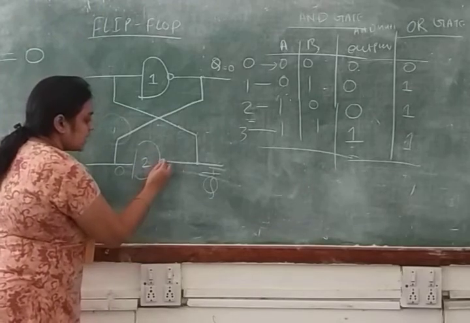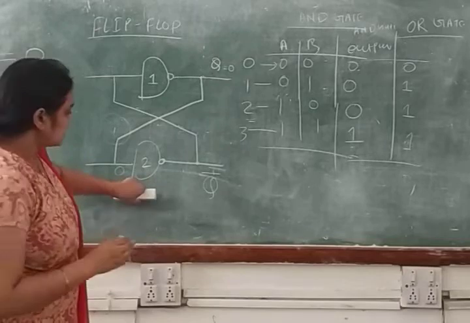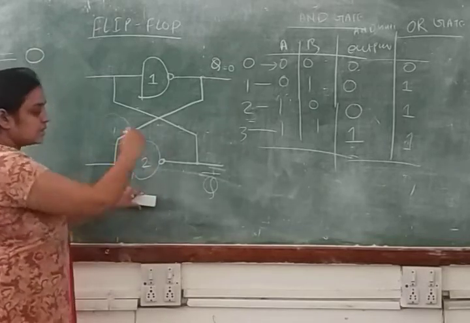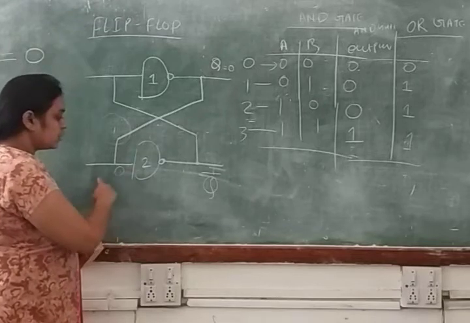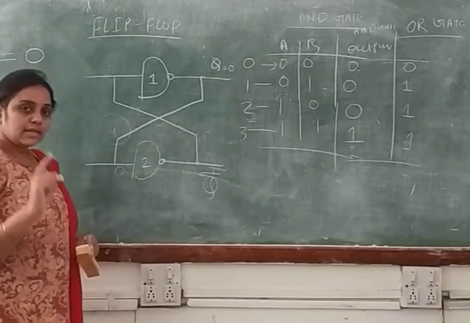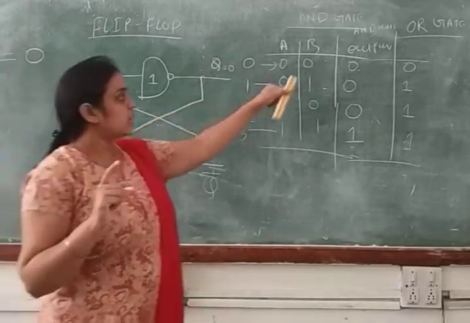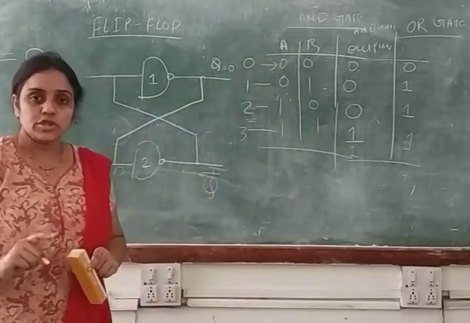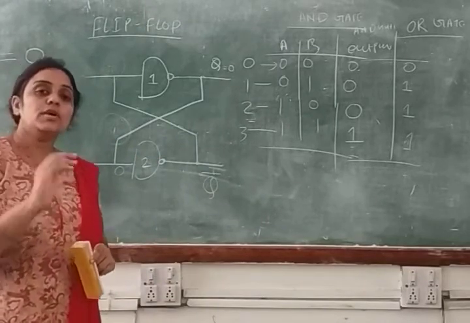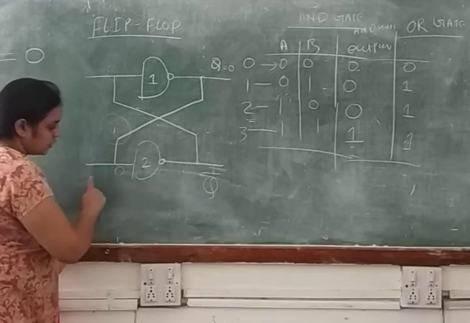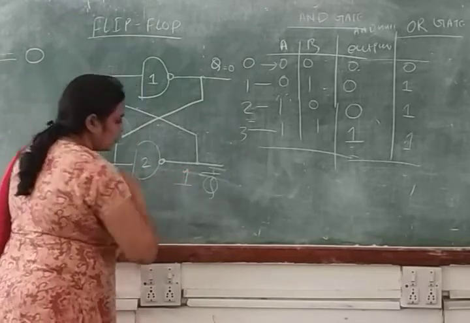When we attach the bubble to the AND gate, this represents the structure of the NAND gate. So if you give 0 input to the gate, in the AND gate case you will get output 0, but in the case of the NAND gate, you will get output 1.